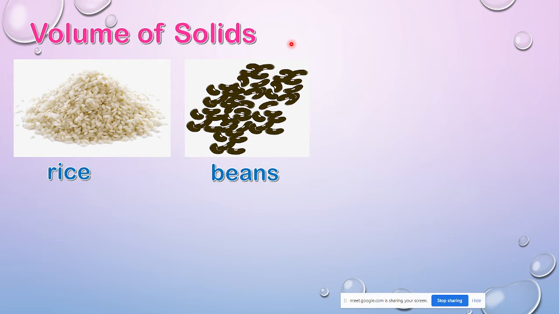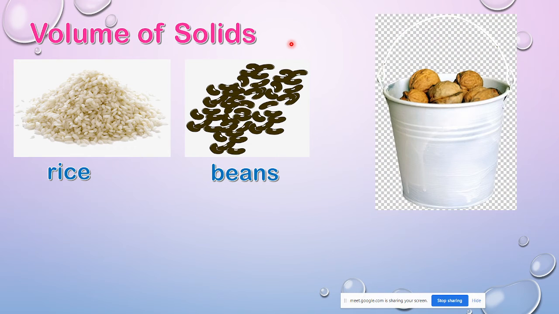But if you don't have a weighing scale, you cannot use kilogram or gram. You can just use a container and measure the volume of the container. For example, you have a bucket. Now you know that the capacity of the bucket is, for example, 1 liter. Then if you make this full, you will know that you have 1 liter.